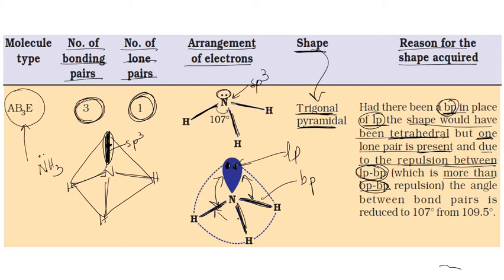So repulsion between this bond pair and bond pair is less if it is compared with the repulsion between lone pair and bond pair, right? So therefore the angle between the bond pairs is reduced to 107 degrees from the normal tetrahedral angle, that is 109.5 degrees.